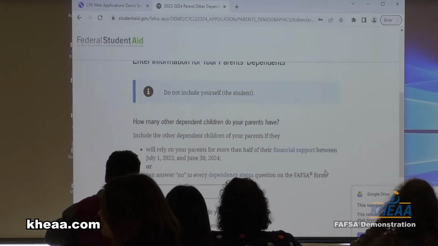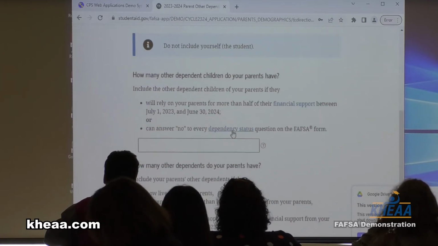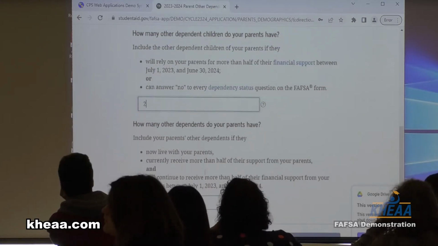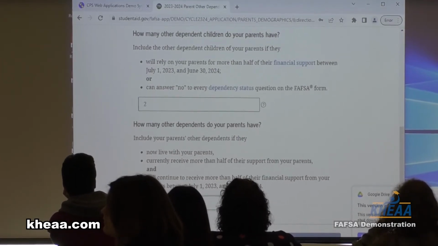So this next question could get a little tricky because it's asking for your parents' dependents, okay? This is not counting you, and you'll see at the top where it says do not include yourself as the student. So for instance, we're just going to say you have two brothers or two sisters. You'll click 2 there. And then this next question is, have your parents taken in anybody?